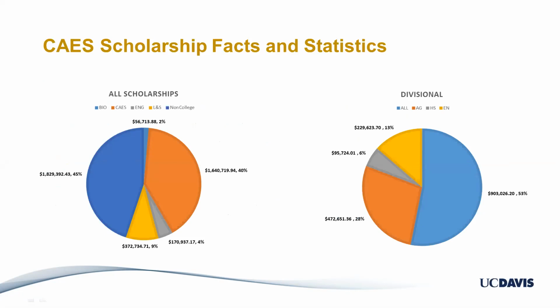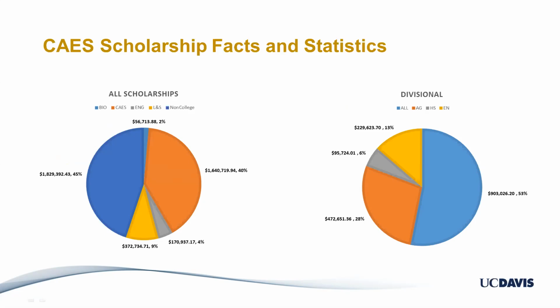And specifically, we want to give it to students who are in the College of Ag. So I'm going to throw out some numbers and show why it's so important for you specifically to apply for our scholarships. The College of Agriculture and Environmental Sciences has by far the most scholarships of any other college, thanks to the donors wanting to encourage students in this specific field.